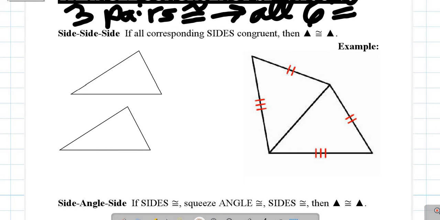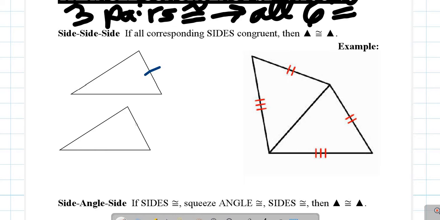So the shortcuts to triangles having all 6 pairs congruent say that if they have a minimum of these 3, then automatically the other 3 things are congruent. So first I'm going to read them. Side, side, side congruency says if all corresponding sides are congruent, then the triangles are congruent.